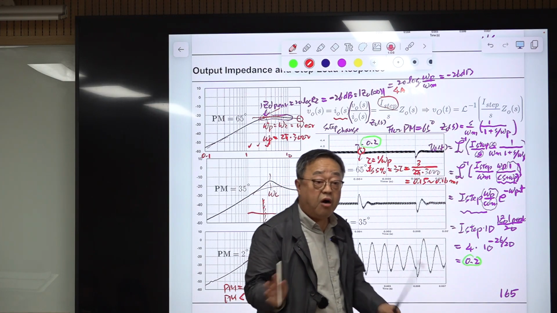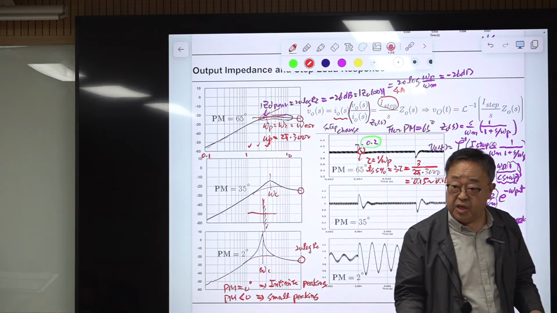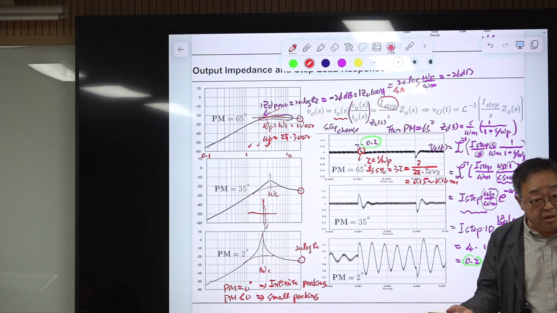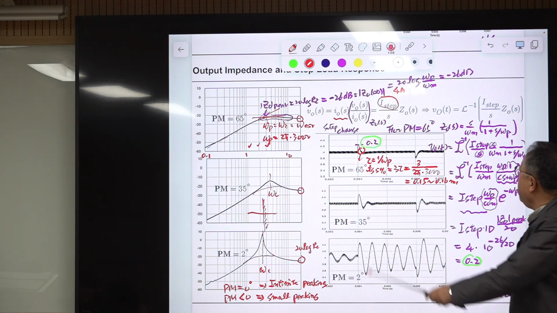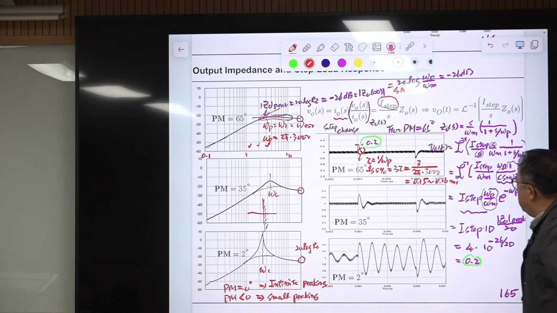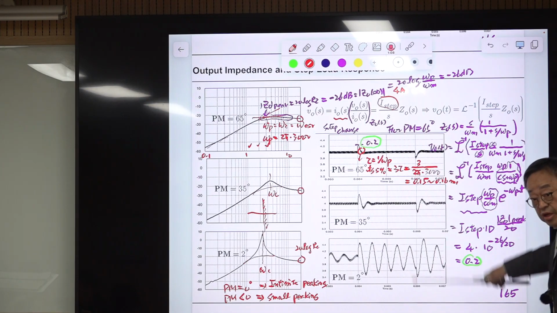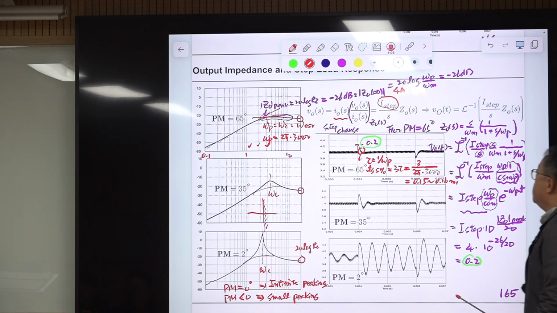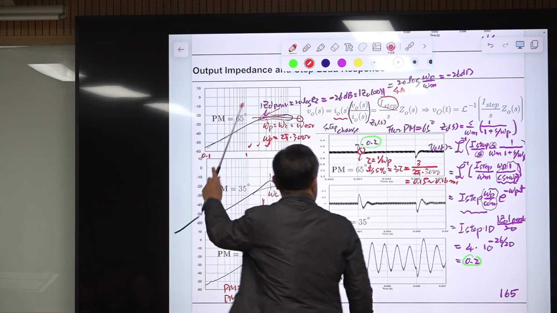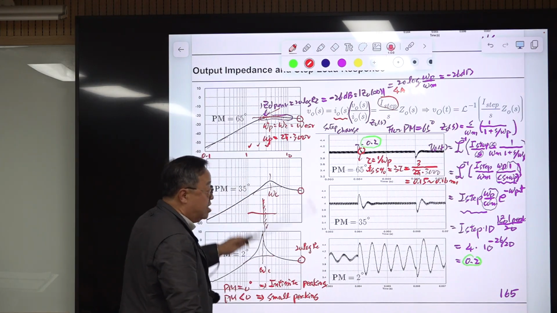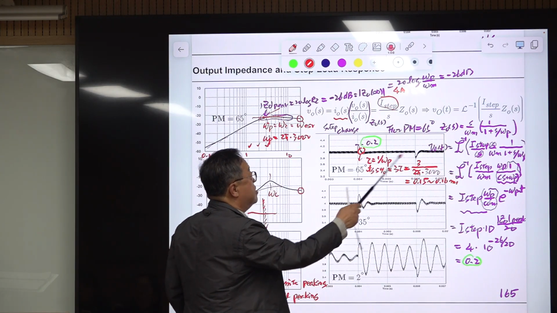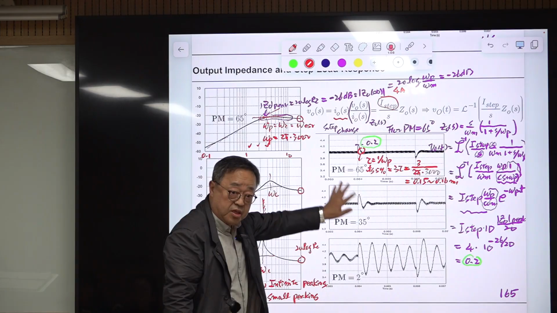Up to now, we are assuming we measured something and simulated something. Those results are almost exact matches to this calculation. If we have a small signal model, we don't have to measure anything. We don't have to simulate anything. And from this analytic work, we predict this.